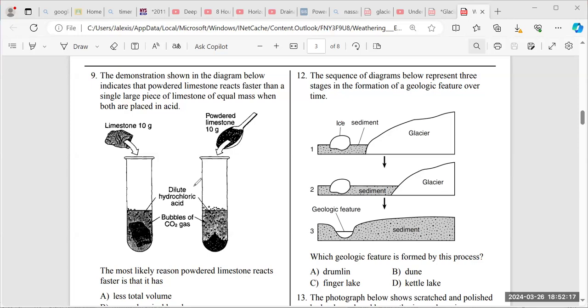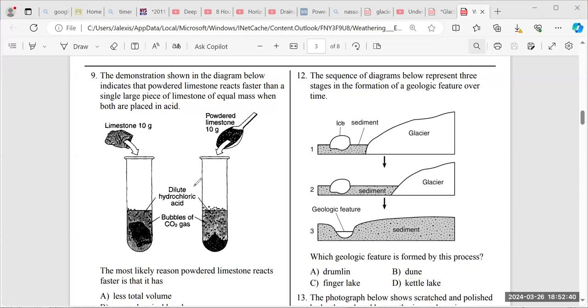As the buried ice is surrounded by cement, eventually that ice will melt and what we have here is a geologic feature. You have here a lake. It says, which geologic feature is formed by this process? It is a kettle lake.